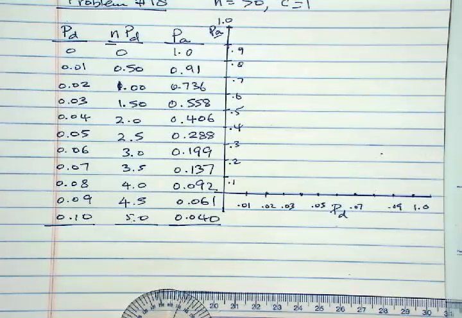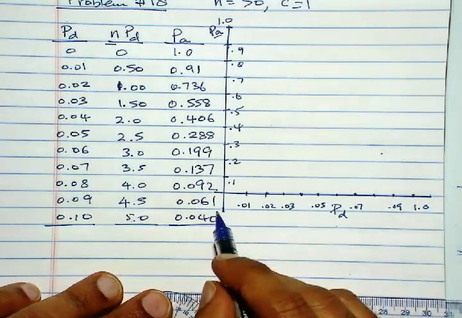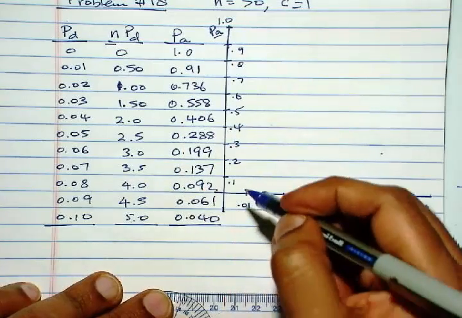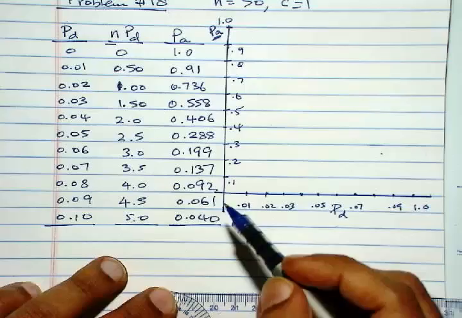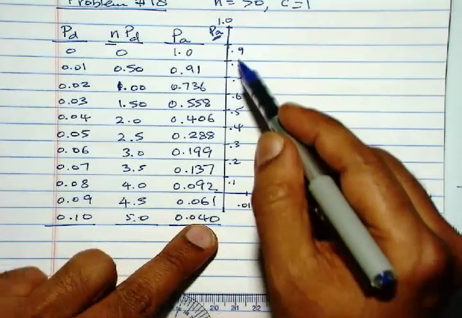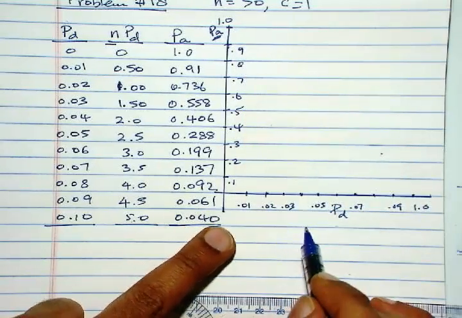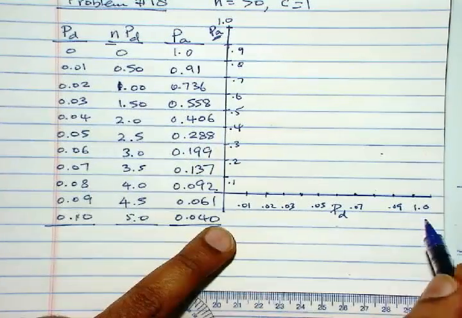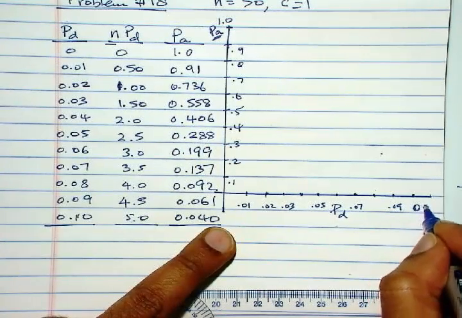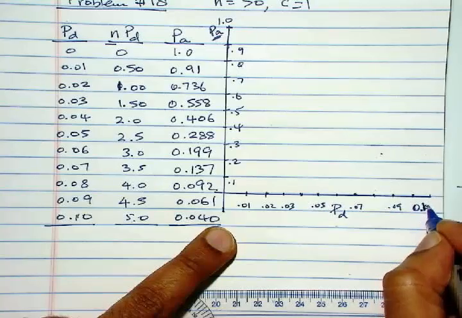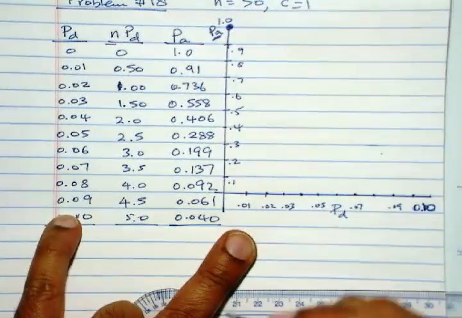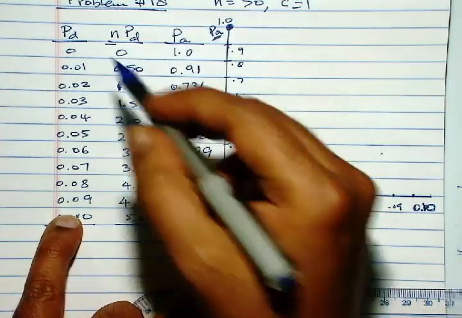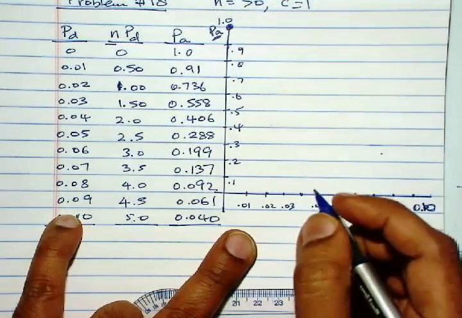Next we have to plot, and I've already prepared the x-axis and the y-axis. Y-axis is P sub a going from 0 to 1.0, and this is P sub d going from 0 to 0.1. So we start with P sub d equal to 0, P sub a is 1.